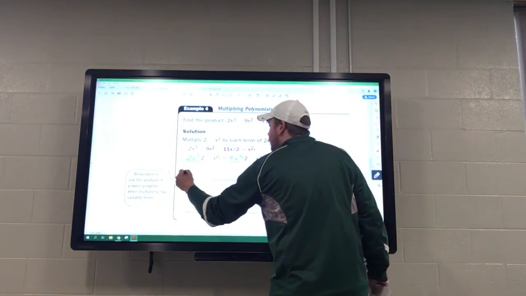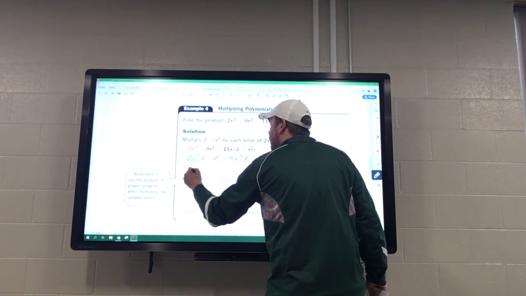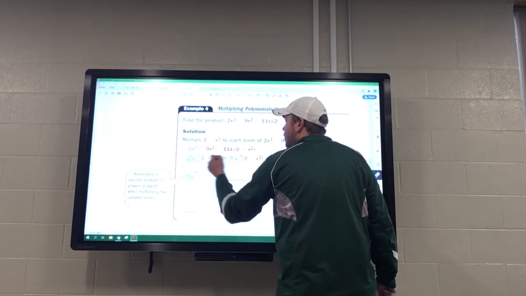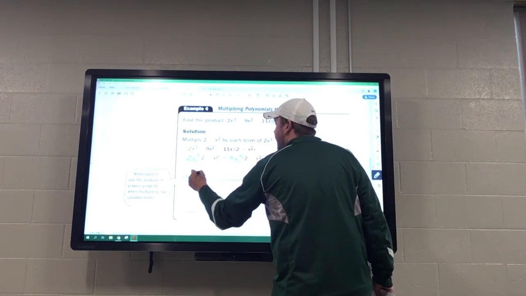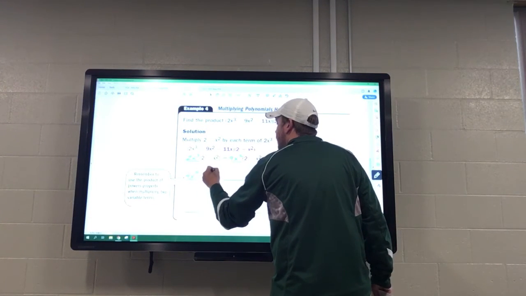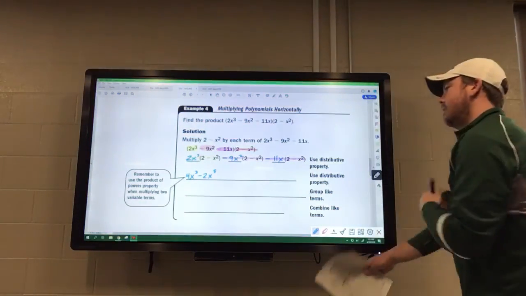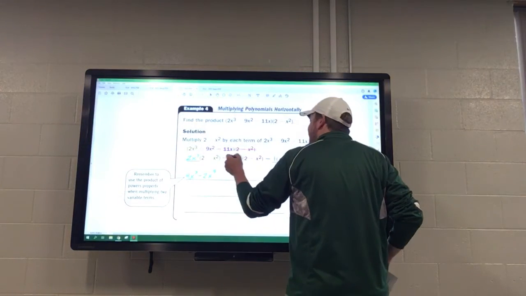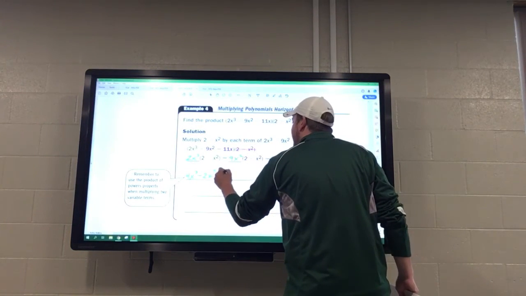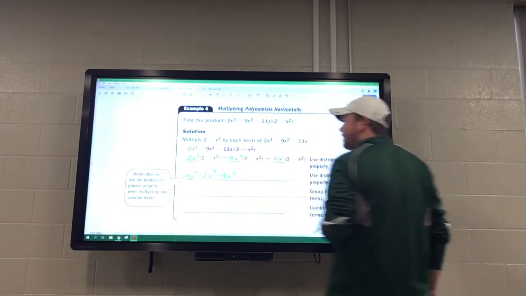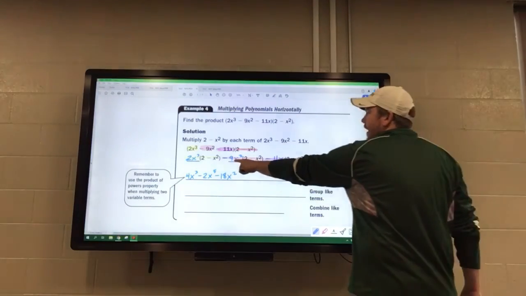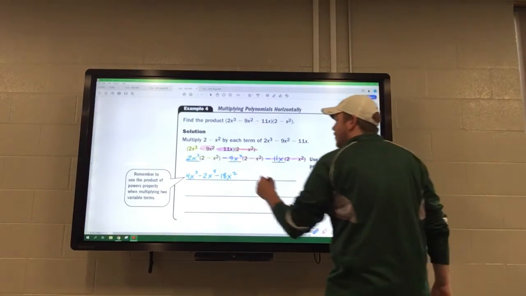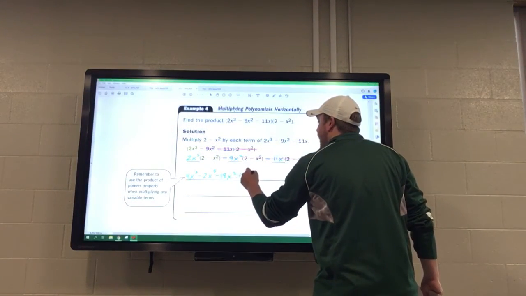2x cubed times 2 is 4x cubed. 2x cubed times negative x squared is negative 2x to the fifth. Negative 9x squared times 2 is a negative 18x squared. Negative 9x squared times negative x squared is a positive 9x to the fourth.